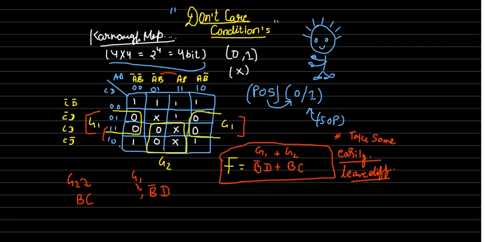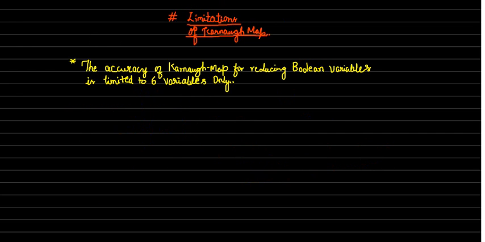Now I have a question for you. What are the limitations of Karnaugh map? Everything in science or technology has a limitation, so we have to define that. The accuracy of Karnaugh map for reducing Boolean algebra is limited to 6 variables only.